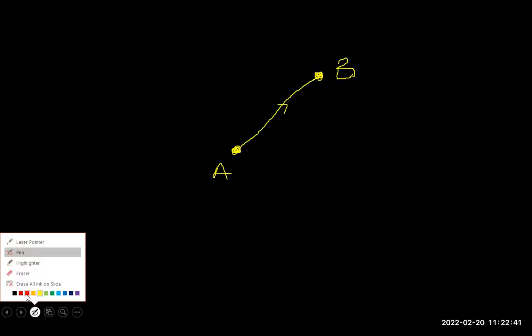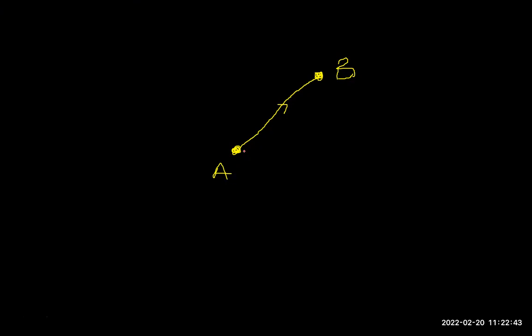We know from what we just practiced that this displacement right here would be along my x. So the column vector AB is always x, y.